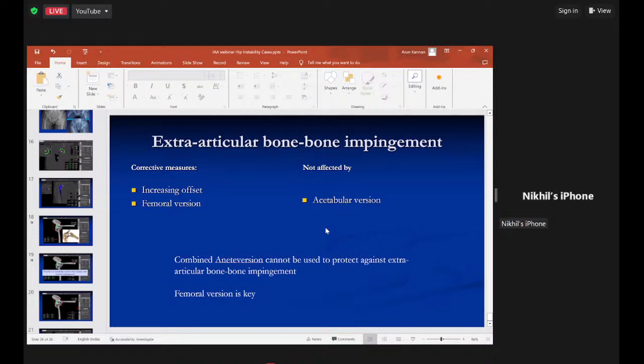So we have the robot, but I have to say I'm not very impressed with it. We have just revised 3 robotic-assisted total hip replacements for dislocation.